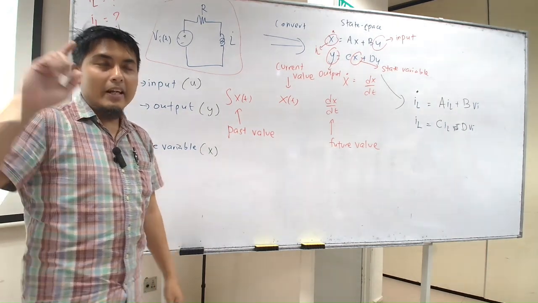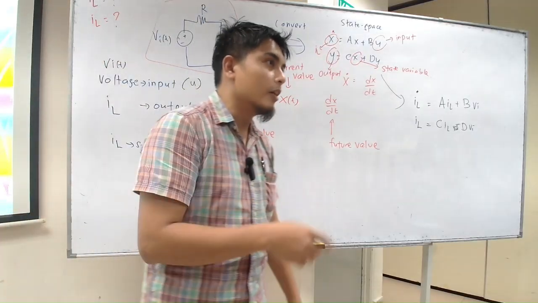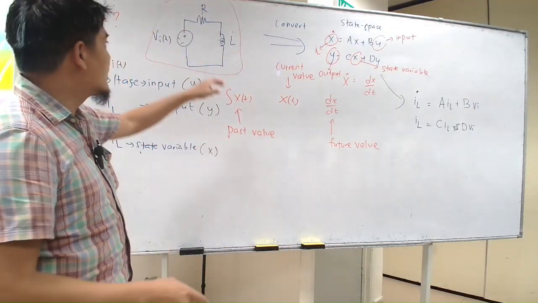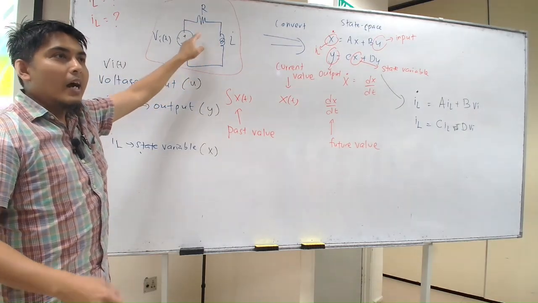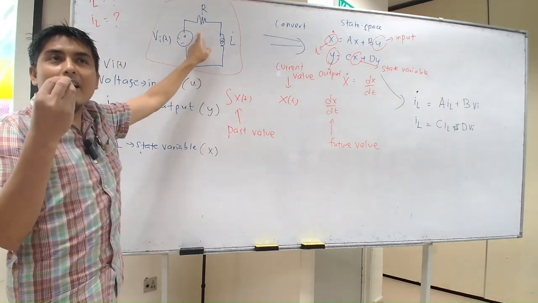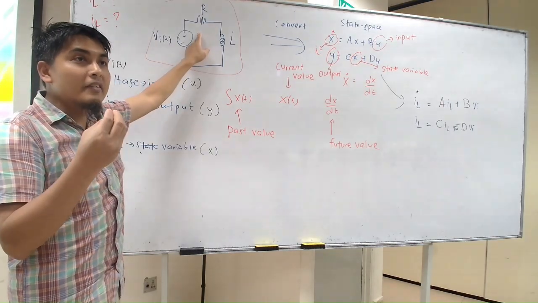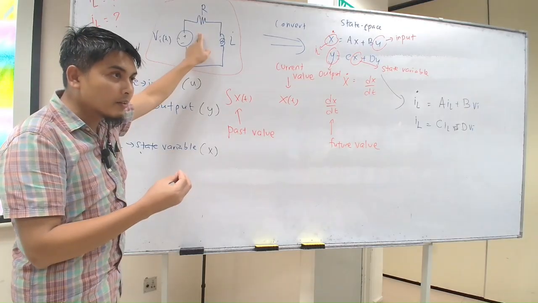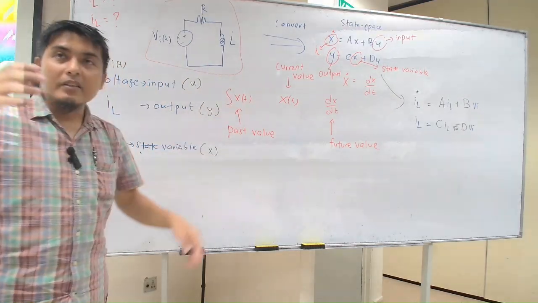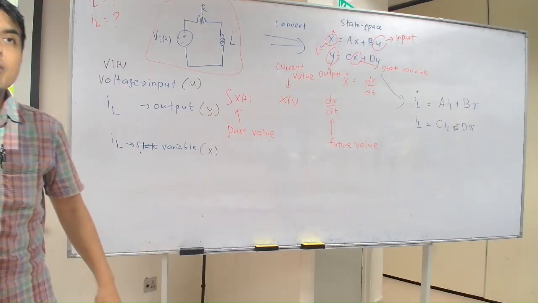So that's one. Correct. Your friend's answer is correct. This is a first order system. Why first order system? Because you look at the components here. Resistor, does it store voltage or current? Resistor, does it store voltage or current? No at all. Because the resistor only lets the current through, is it?